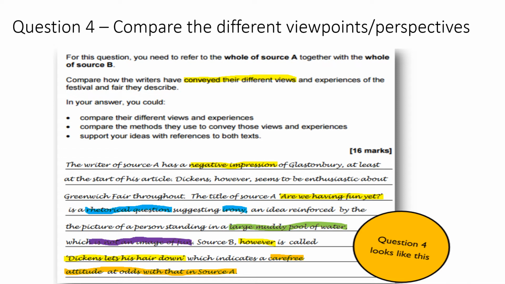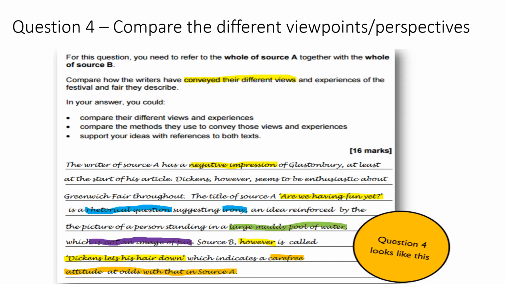Now, here, the person who's answered it has put the writer of source A has a negative impression. Now it doesn't necessarily mean just because they've used the rhetorical question and they've got the image of a person standing in a muddy pool of water, that the writer has a negative impression. He might just be imposing that impression as to what he thinks the festival goers might be feeling.